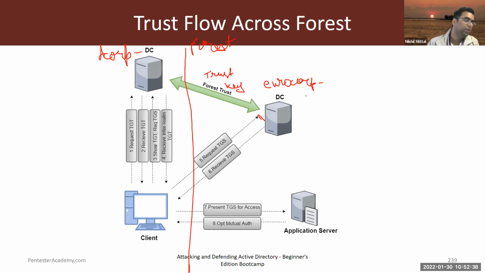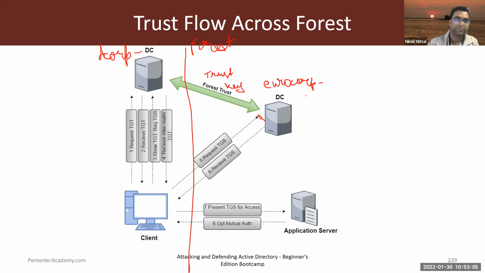Give it a shot. Do you think that we would be able to get enterprise admin privileges across the forest using this? So maybe it's not an answer. Give it a yes or no. That's what I was looking at.